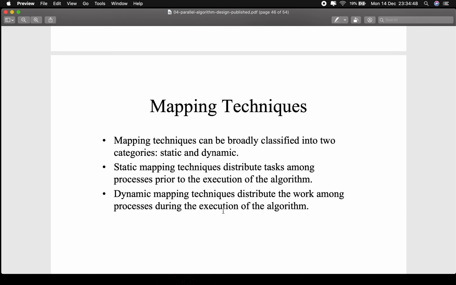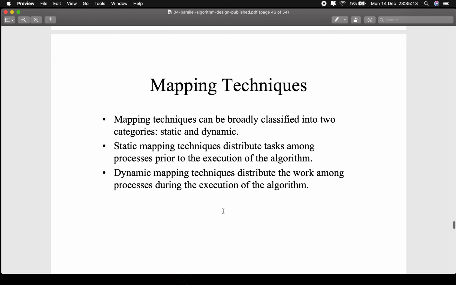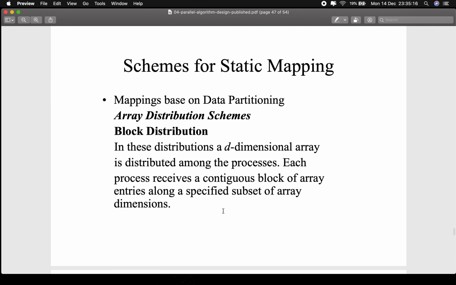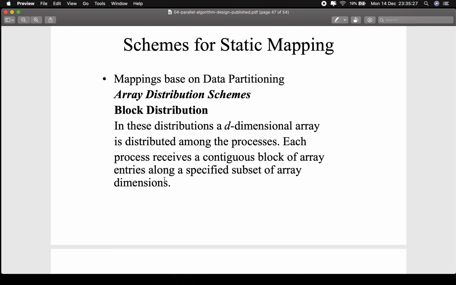Under mapping technique, you can broadly classify into 2 only, not similar with others where there are many classifications. Over here you just have two, which are static and dynamic. For static mapping technique, you distribute tasks among processors, and dynamic mapping technique distributes the work among processors during the execution of the algorithm. The scheme for static mapping based on data partitioning is the array distribution scheme, or block distribution scheme.